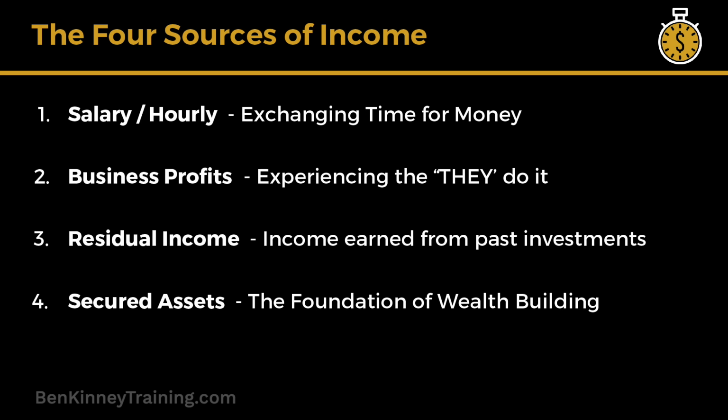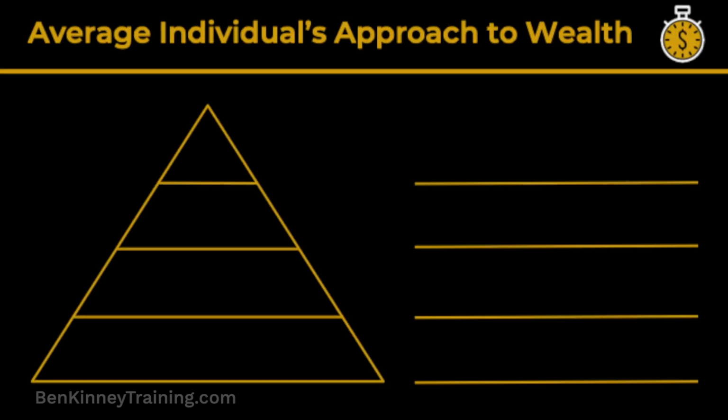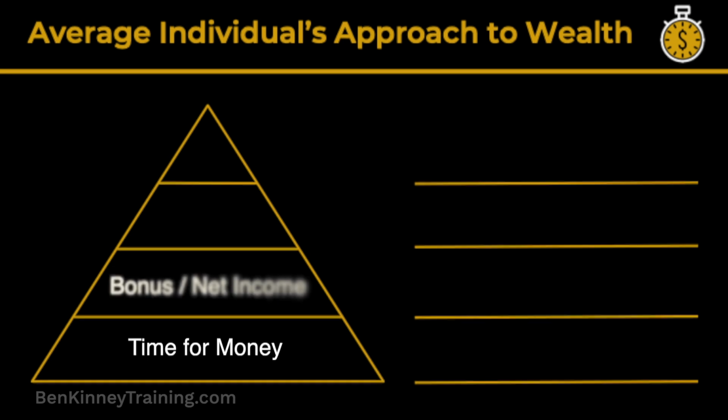Well, the problem is that the average person who doesn't understand money, if you guys draw anything today, please draw this triangle, and just put time for money at the bottom. And then put bonus or net income in the second. That's when your business has excess profit.